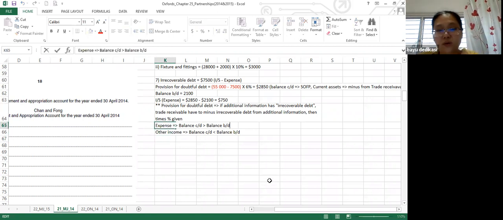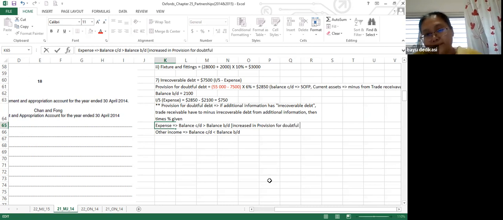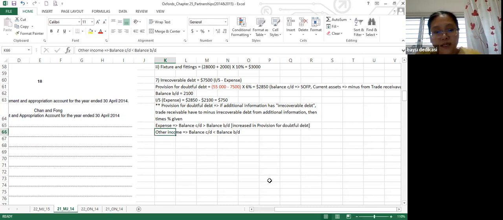In accounting, when we put into expenses, if your carry down is more, we say increase in provision for doubtful debt. Another is this one, balance carry down lesser, we call decrease in provision for doubtful debt.